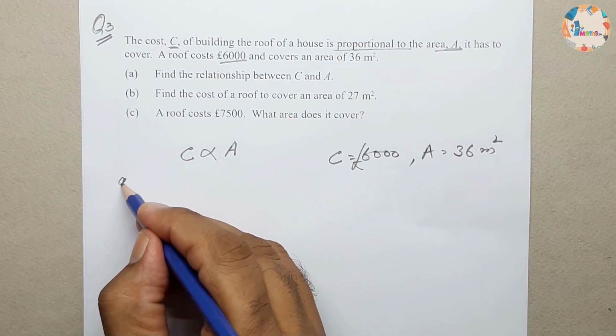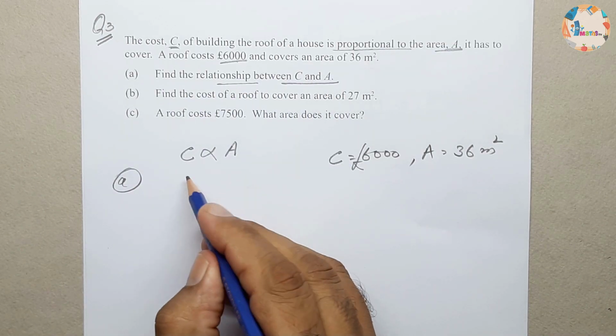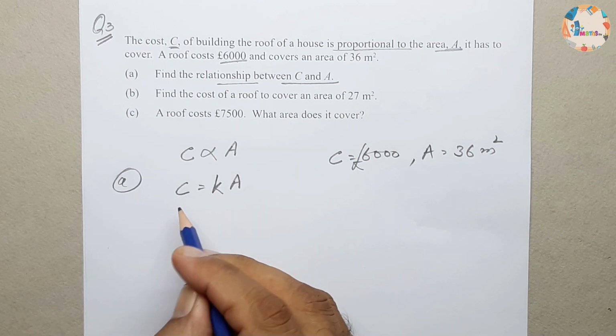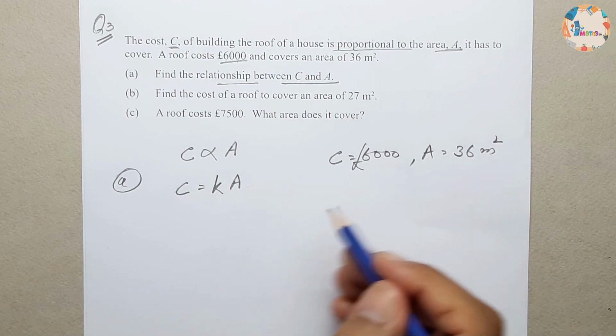A part, find the relationship between this and this. So C will be equal to KA, and this will be the relationship, and we will be using these values.